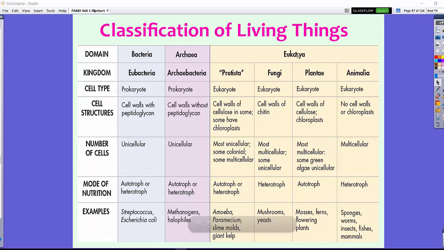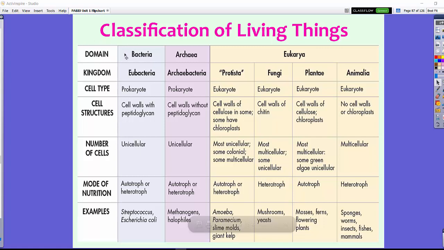Now, these domains contain different kingdoms as well. Remember I mentioned yesterday how the classification scheme that Linnaeus created is kind of like a Russian nesting doll, where the domain is the largest nesting doll, and then the kingdom fits nicely in there, and all the other taxonomic categories fit into the one above it.